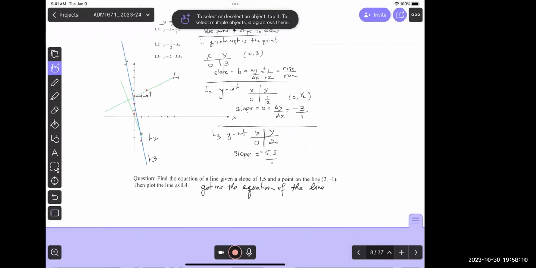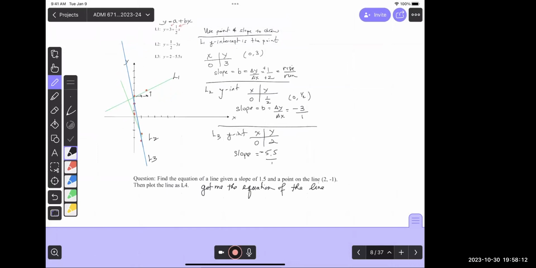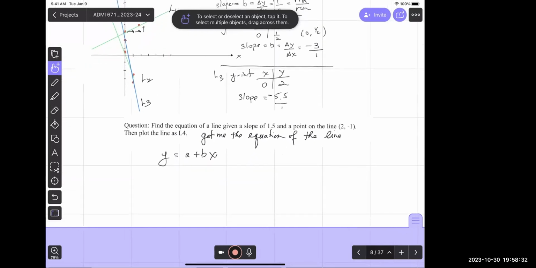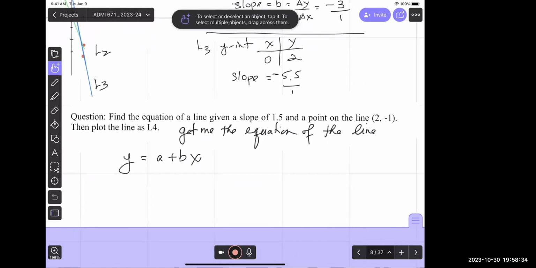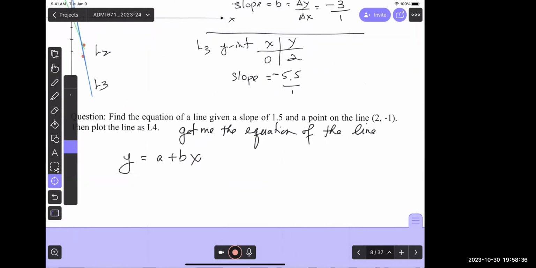How's it going? I think 1.5 is the slope. So, okay, this is the equation of a line. And I have a point and a slope. So all I have to do is put everything in.